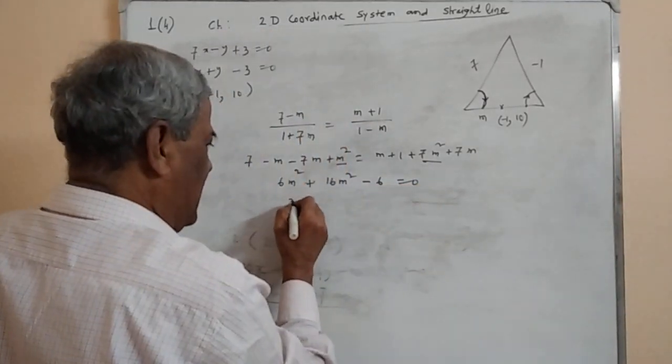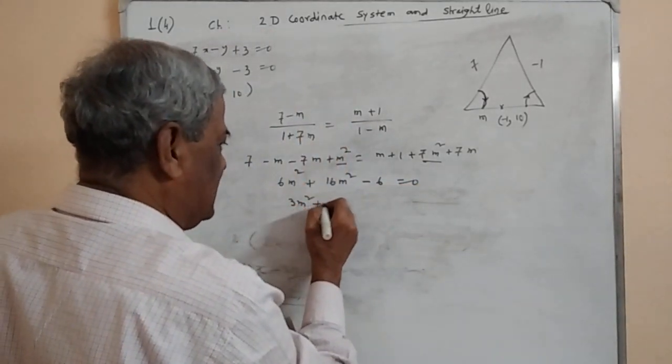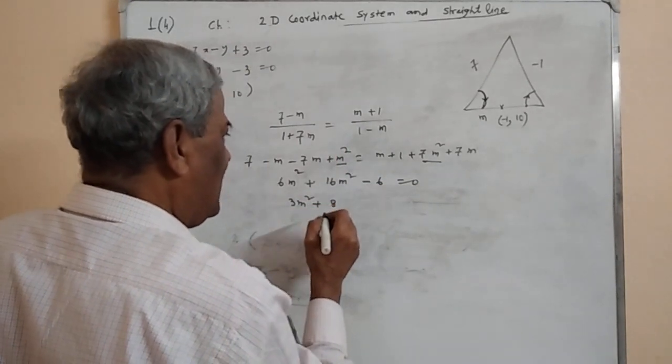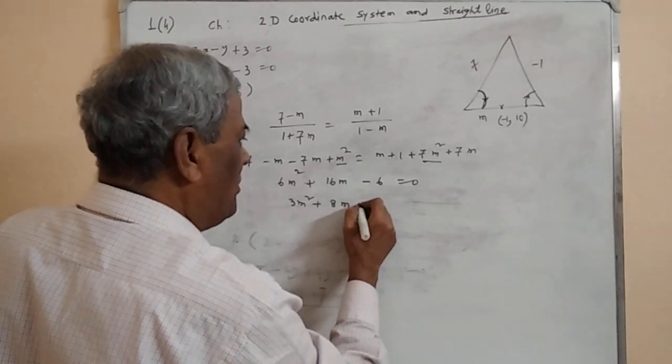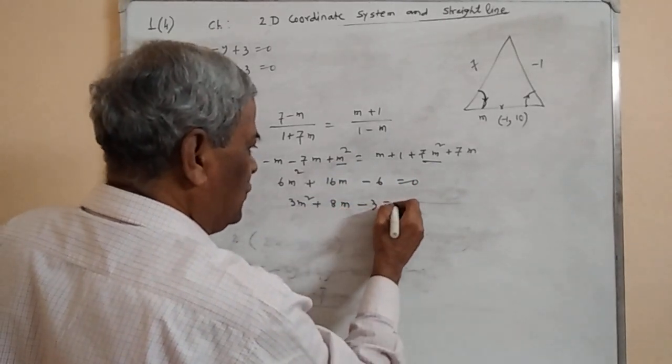That is 3m square plus 8m minus 3 is equal to 0.